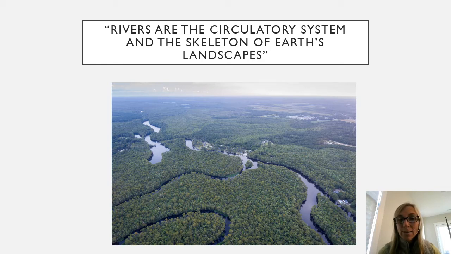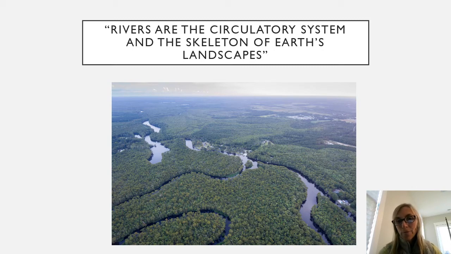It creates ridges and hills within the floodplain system. The river also contributes to the cycling of nutrients carried throughout that system. So rivers have been variously referred to as both the circulatory system and the skeleton, building the structure of some of our coastal systems and non-coastal riverine systems.